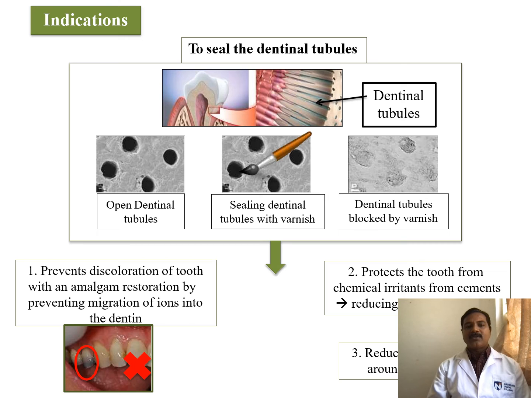Only with amalgam restoration can you apply varnish. With the other two the bonding mechanism is different, so varnish will not be of much help there, and it is going to affect the bonding of glass ionomer and composite.